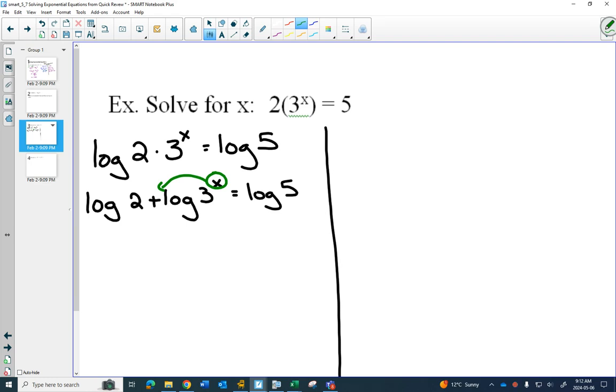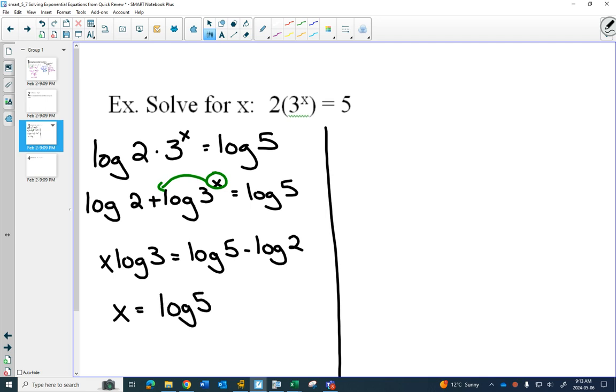Okay? I'm going to move the log 2 by subtracting on both sides. And then, how do I get x by itself? The opposite of multiplying would be to divide.